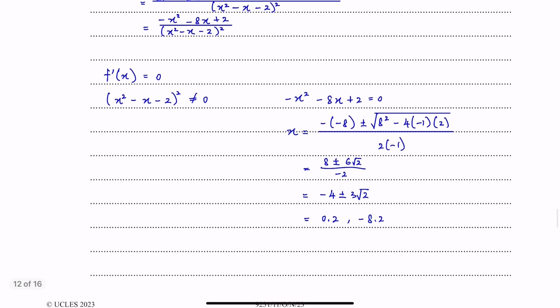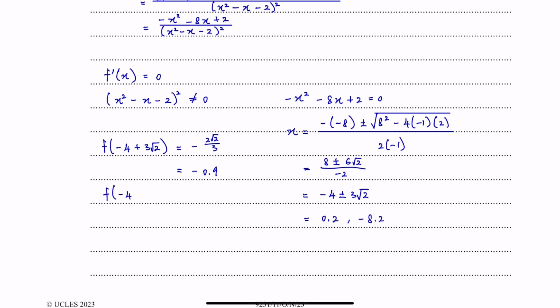And now we sub the number back into the equation. We need to use the exact form here, not the one in 1 decimal place. So for negative 4 plus 3 sqrt 2, we get negative 2 sqrt 2 over 3, which is negative 0.9.